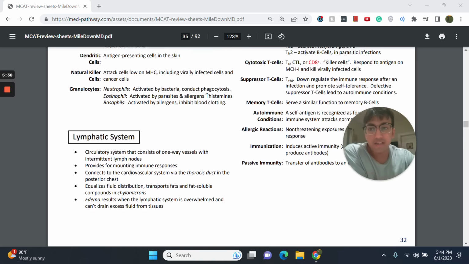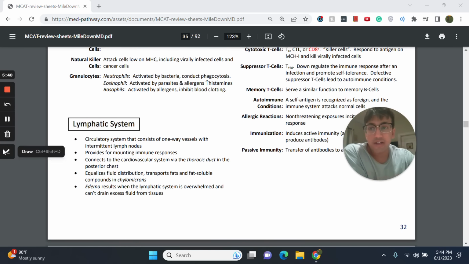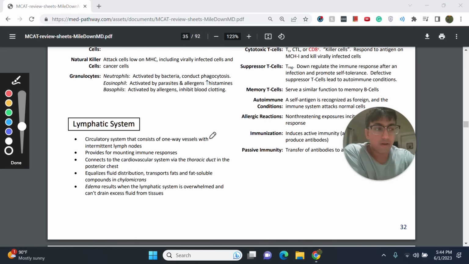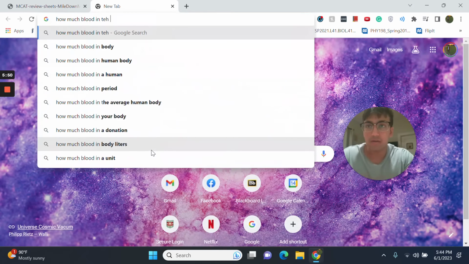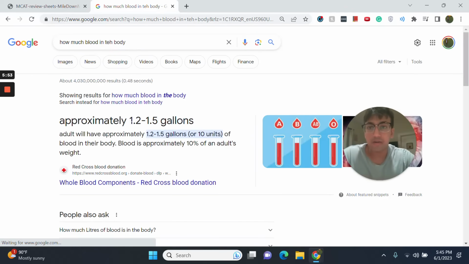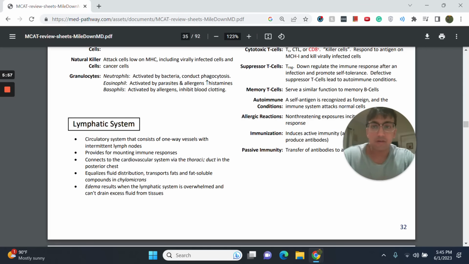Okay, the next thing is the lymphatic system. Basically, you have a lot of blood in your body. I think it's like 5 liters of blood, right? About 1.5 gallons or so. Not all of that is in your blood vessels all the time.